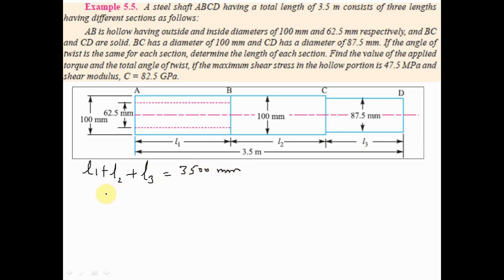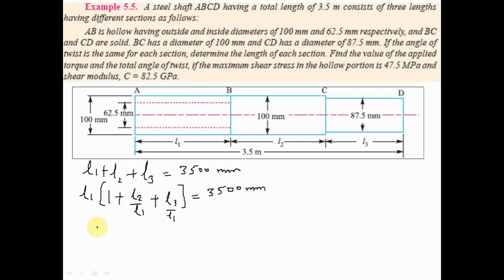L1 you can take common: L1 times 1 plus L2 by L1 plus L3 by L1 equals 3500 millimeters.